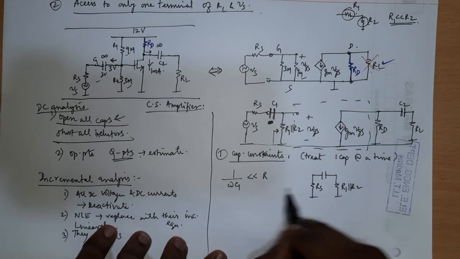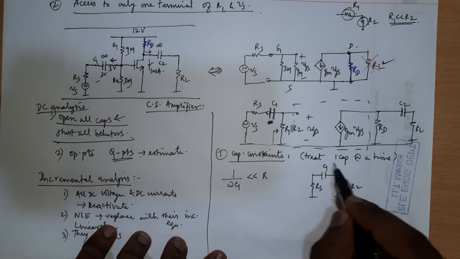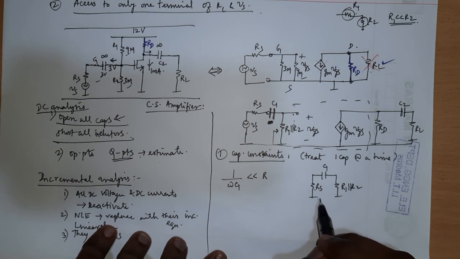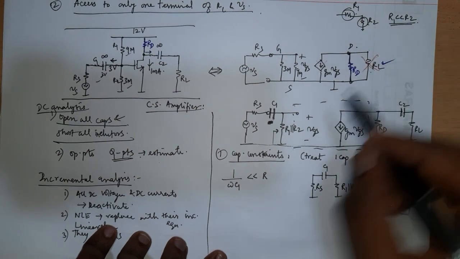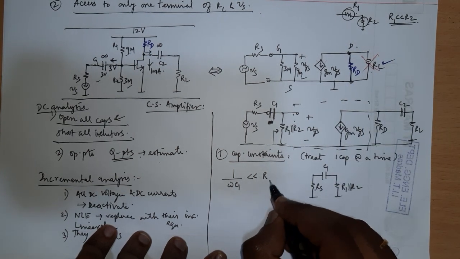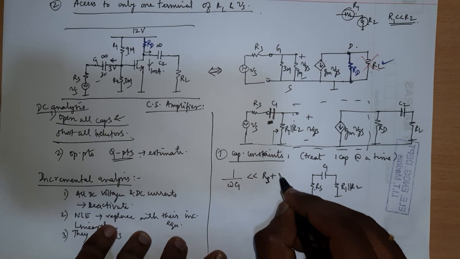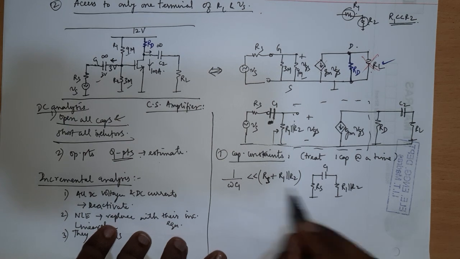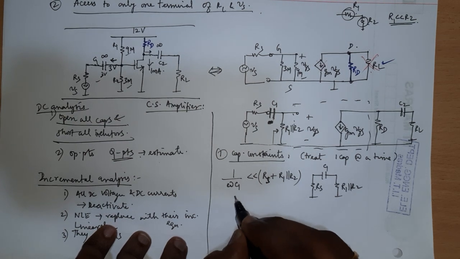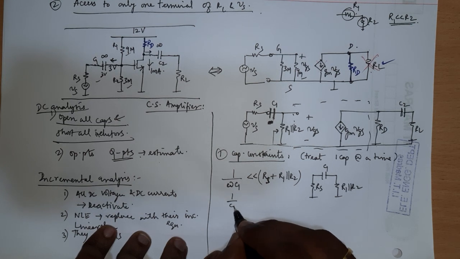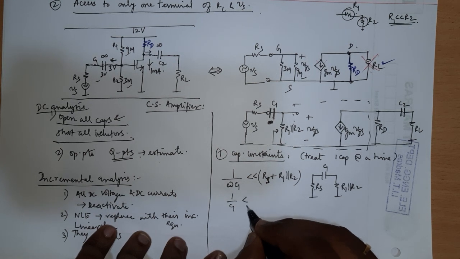The impedance of this capacitor C1 should be much smaller than the addition of these two resistances, going by the same logic we discussed here. So it should be less than RS plus R1 parallel R2. This is the constraint. So at any given frequency, what will be my capacitor value?